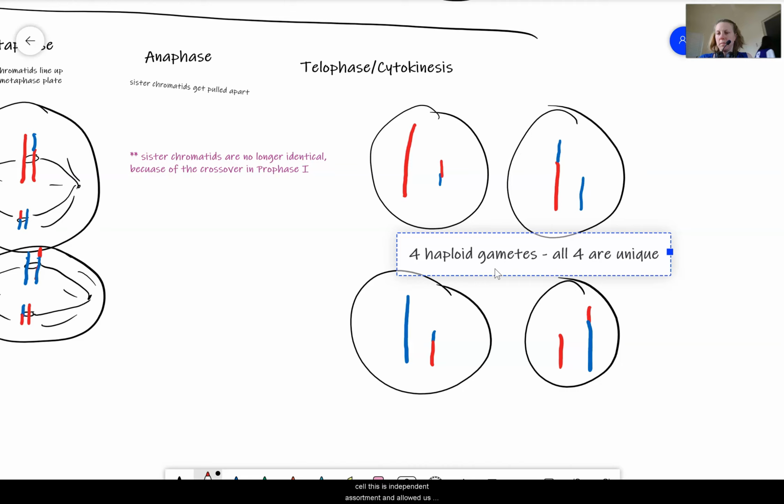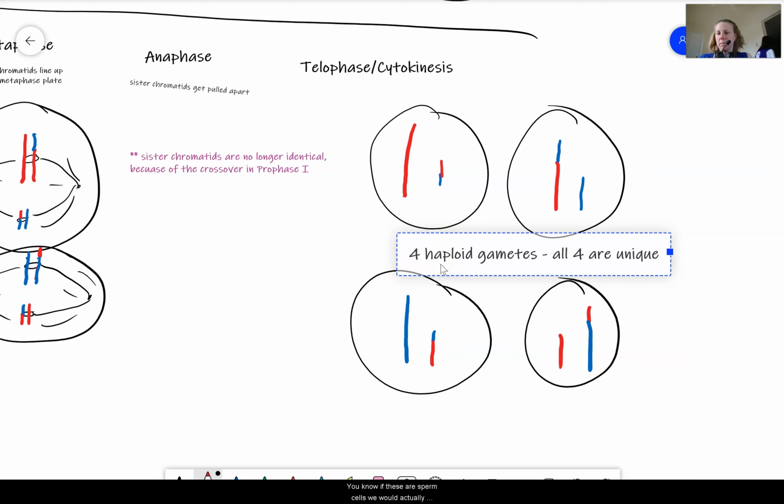This is called independent assortment and allowed us again to shuffle and rearrange these genes randomly. And then finally, during metaphase 2, the chromosomes lined up again randomly at the metaphase plate, this time the sister chromatids, allowing us to randomly segregate the different sister chromatids at that point. Now, because the sister chromatids are no longer identical, we can have 4 distinct, unique haploid gametes at the end.